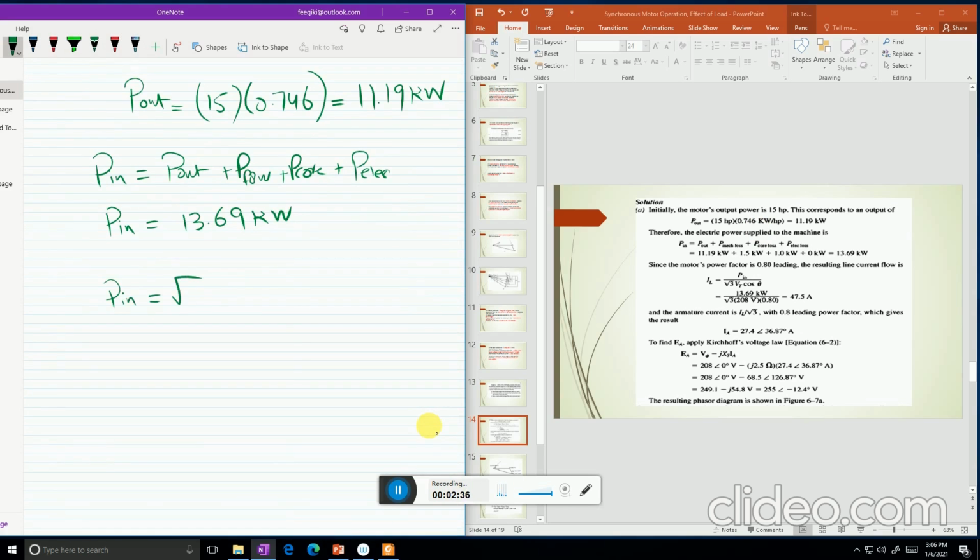P in is equal to root 3 V terminal IL cos theta. So from here IL is equal to P in divided by root 3 V terminal cos theta, and IL is equal to 47.5 ampere.